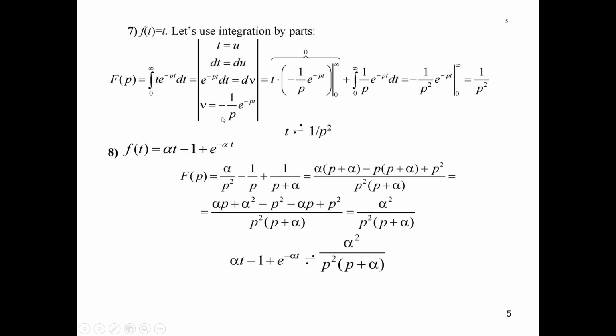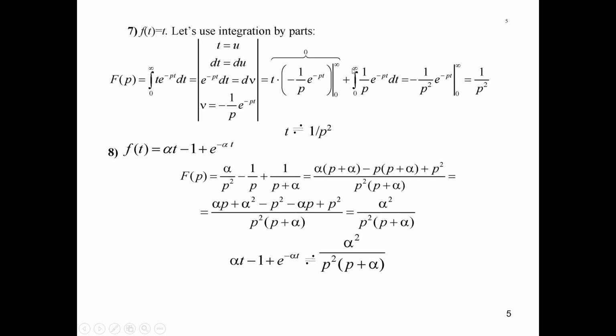Then we write down this expression, the minus before and the minus here will give us plus. It will be 1 over p, e to the degree minus pt, multiplied by du, which is just dt.